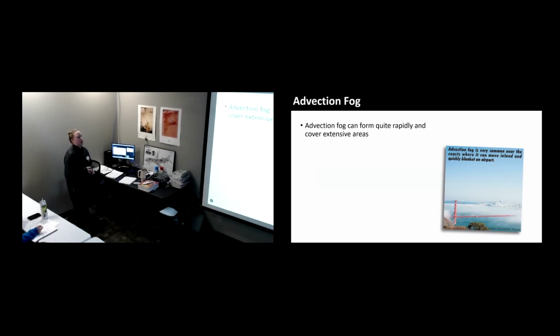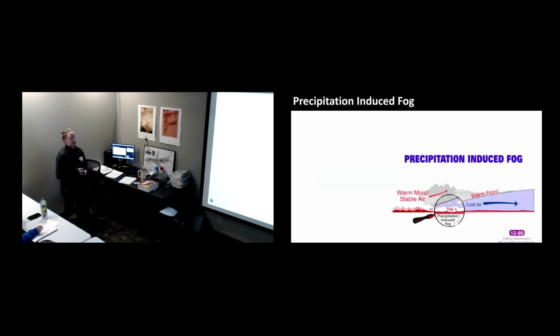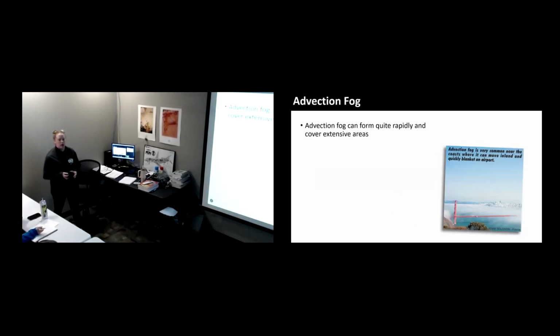Advection fog can form quite rapidly and extend over large areas. So advection fog: ocean, low pressure pulls it inland, and now it's over the land. Hopefully it disappears when the dew point temperature separates, but it's going to be pulled over by the wind.